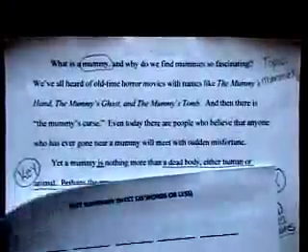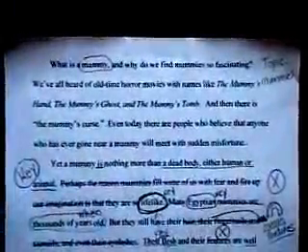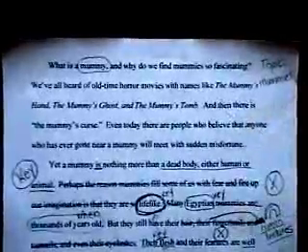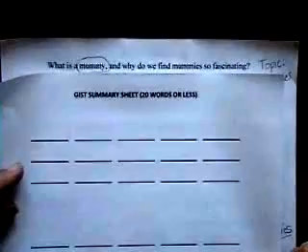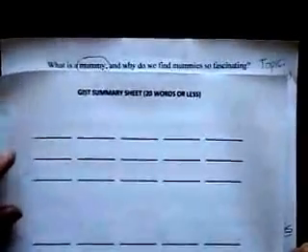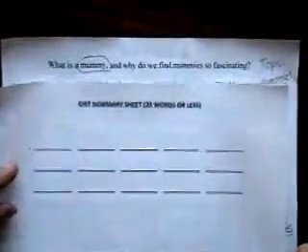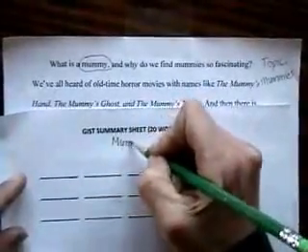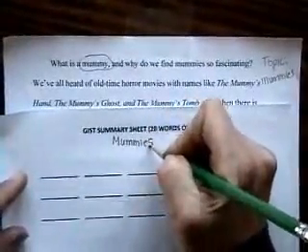All right. Now that I've reached the end of my first page, what I want to do is capture my key ideas from what I've read so far onto a gist summary page. Now, I've only got 20 words to work with, so I've got to squeeze all these ideas into just 20 words. All right, so we know that our topic is mummies.